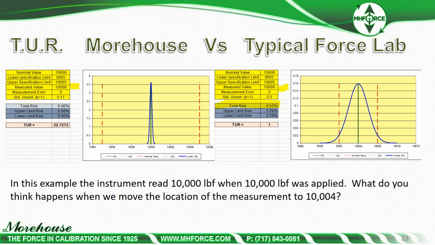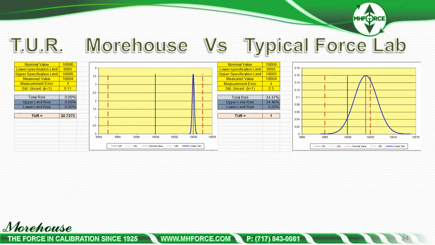If we look at these two graphs, I read 10,000 when 10,000 pounds was applied. What if I move the location of the measurement to 10,004? This graph is going to move over, and this graph is going to move over. Effectively, when we slide that over, our lab, Morehouse, with a TUR of 22.7273 to 1, can still say this instrument passes; this instrument is in tolerance.